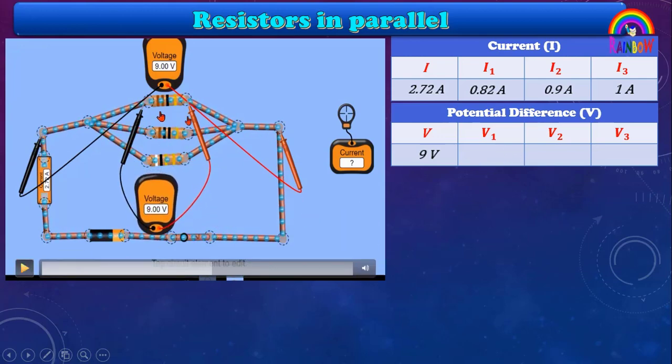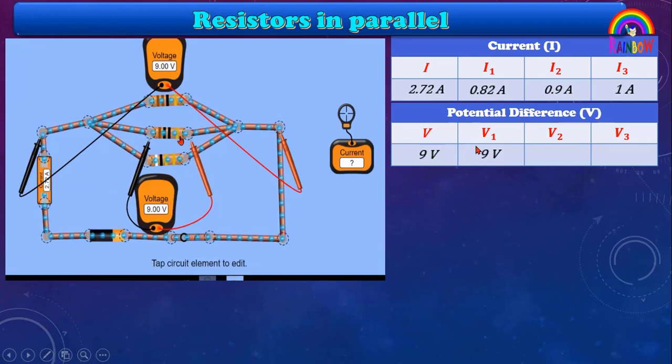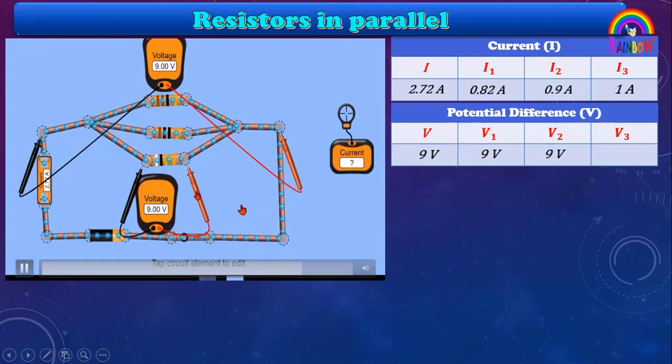Here we can see the potential difference across R1, that is V1, is equal to 9 volt, and V2 is equal to 9 volt again, and V3 is equal to again 9 volt. So, we find that the potential difference across each resistor is the same as that of V. V1 is equal to V2 is equal to V3 is equal to V.